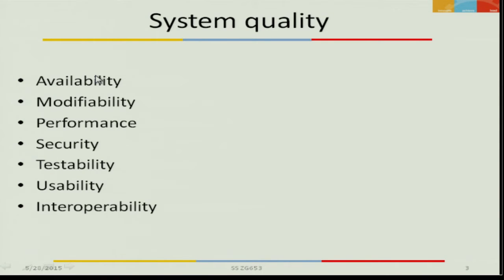So given this toy application, let us look at various system qualities that we have learned so far: availability, modifiability, performance, security, testability, usability, and interoperability. And let us see what could be the various quality related requirements that we can imagine for this storefront.